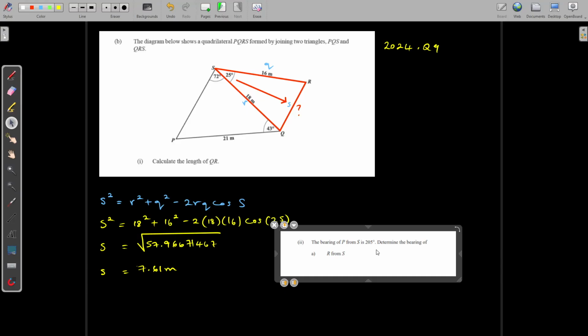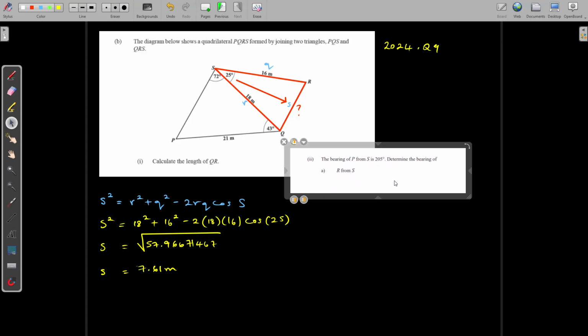Determine the bearing of S. Hold on, the bearing of P from S is 205. Determine the bearing of R from S. Okay, that looks like 3 marks.